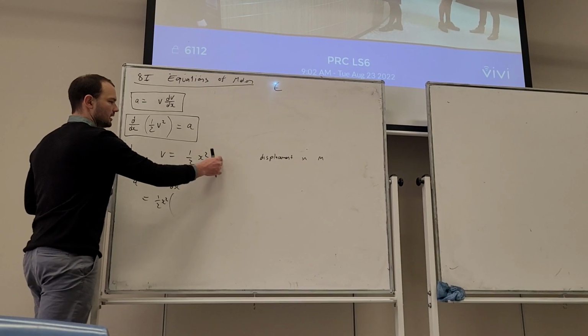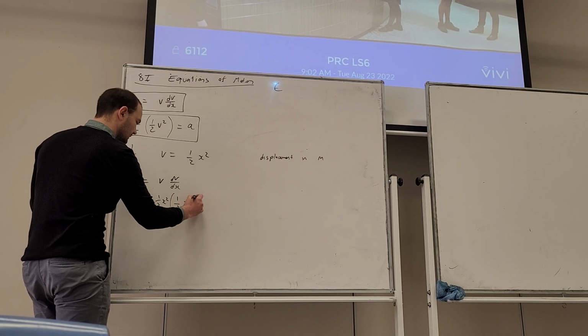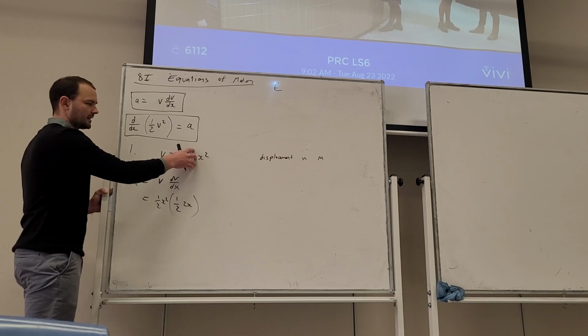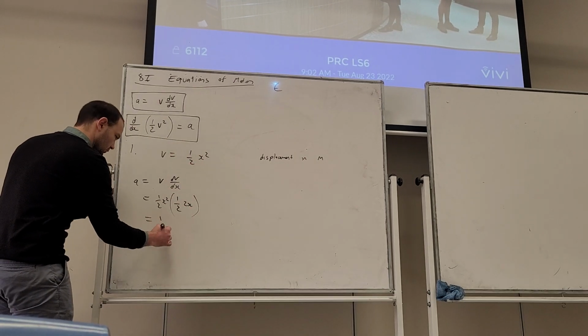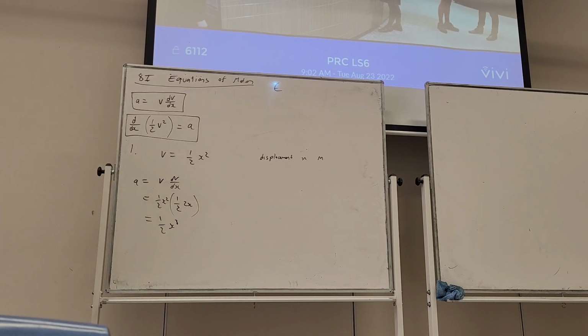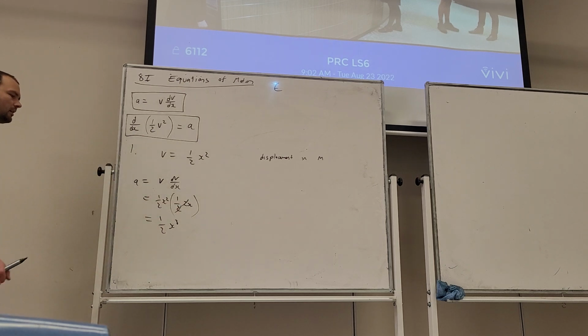When we differentiate this with regards to x, we get half times 2x. Half's hanging out, the derivative of x squared is 2x, and then we simplify that to 1 on 2 x to the power of 3. So the 2 and the half cancel, and x squared times x gives us x to the power of 3. So we've got the acceleration with regards to x.